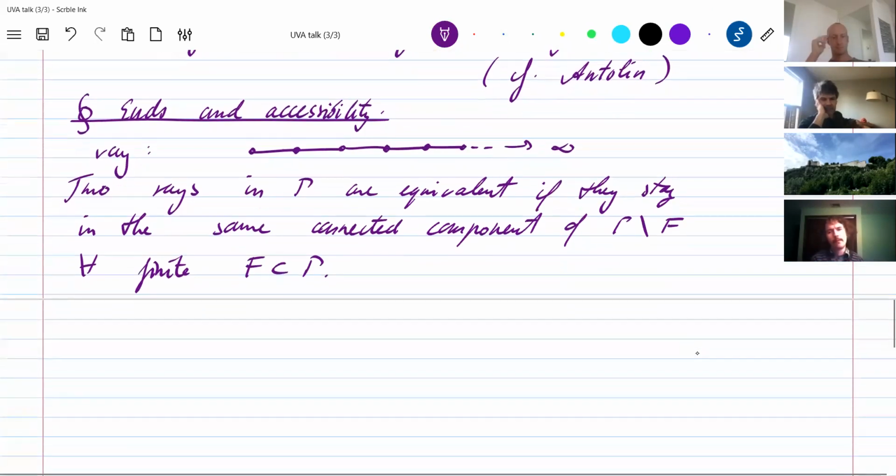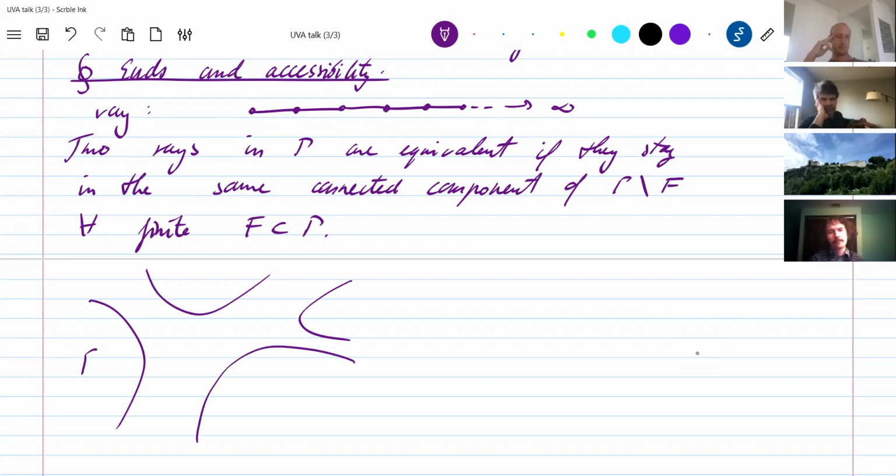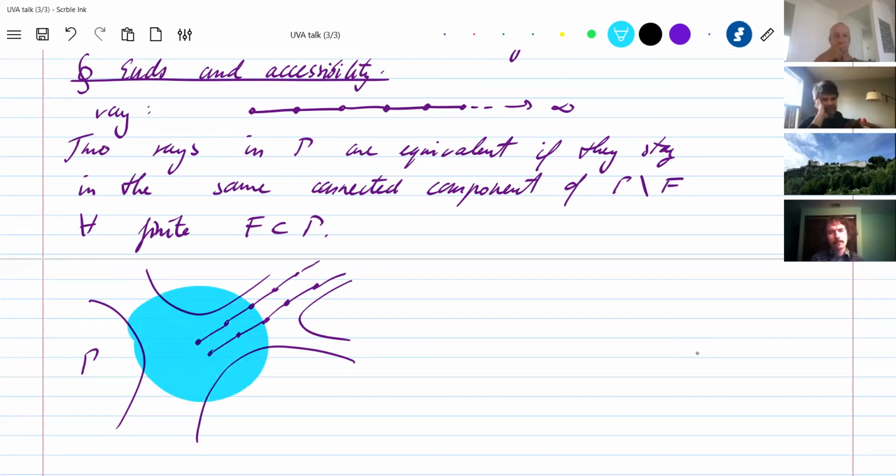Okay, maybe let me draw you a picture of what that looks like. Suppose my graph looks something like this. Okay, this is my gamma. Now, if I have two rays that are going off to infinity here, like so, you can see that no matter what finite subset of gamma I remove, whatever's left of the rays still remains in the same connected component.